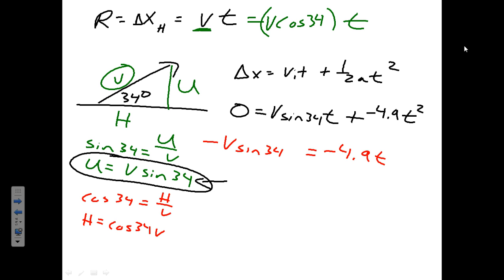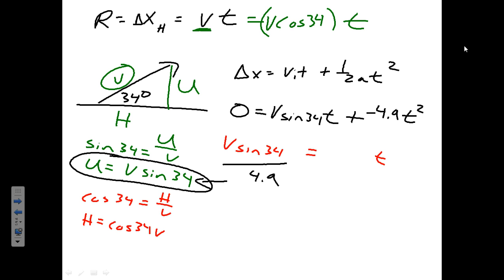And that square term goes away. And now I can just divide by negative 4.9 to get t. And what happens to my negative signs? Got negative, negative, so those go away. So now I got t.